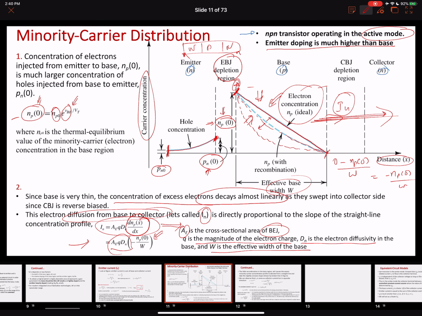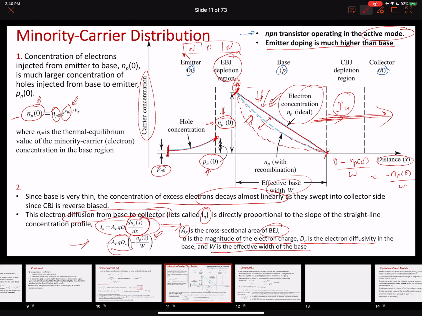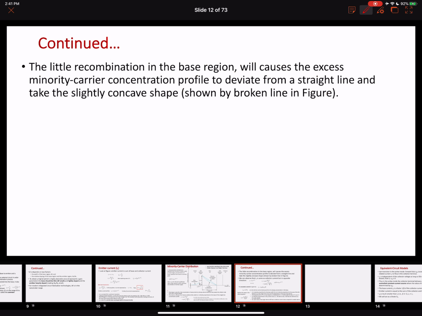This is the point we already discussed: rather than getting this linear decrease, we get this dotted, concave-shaped decrease because of the recombination process. This decrease in the concentration of electrons in the base region depends on the doping concentration of the base relative to the emitter. So if our base is very, very lightly doped compared to the emitter, the more ideal the linear curve we will get.